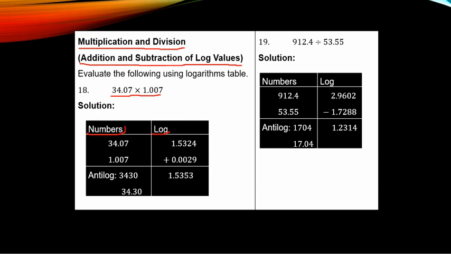So the first number is 34.07. In that lesson, we learned that the log of a number has 2 parts. That is the characteristic part and the mantissa.